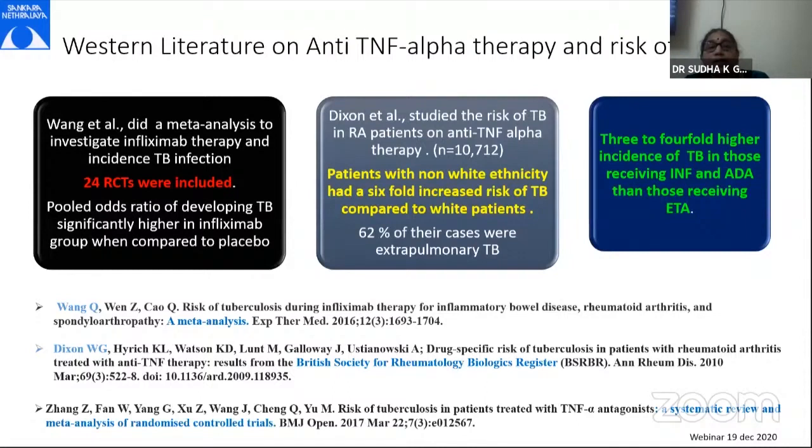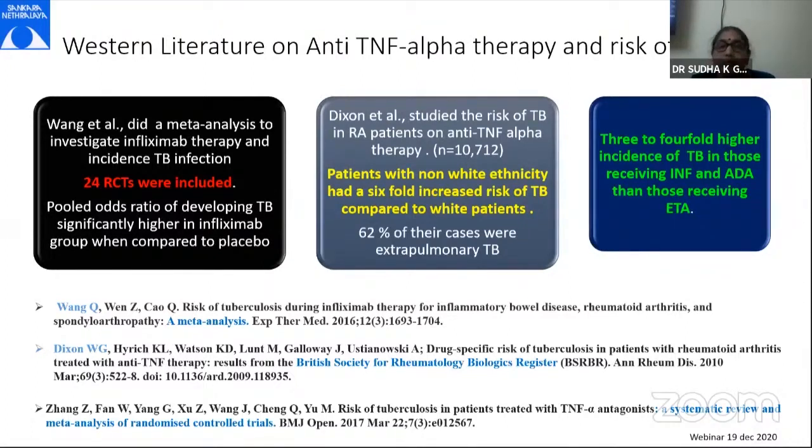Whereas Dixon et al. studied the risk of TB in rheumatoid arthritis patients on TNF-alpha therapy, and they found that patients with non-white ethnicity had a 6-fold increase in risk of TB compared to white patients, and 62% of the cases were extrapulmonary TB.